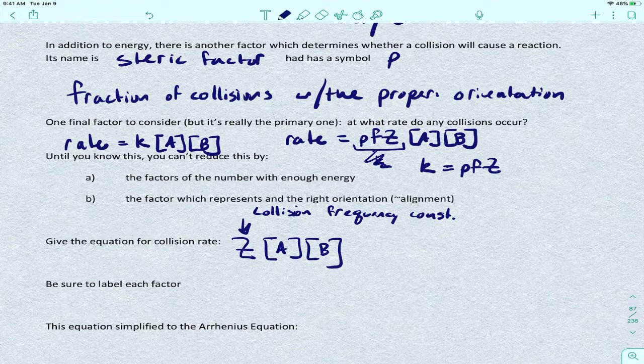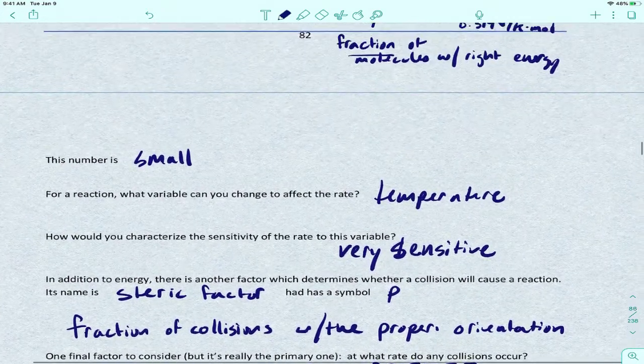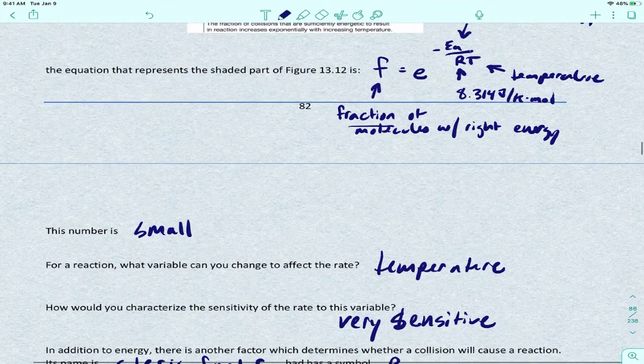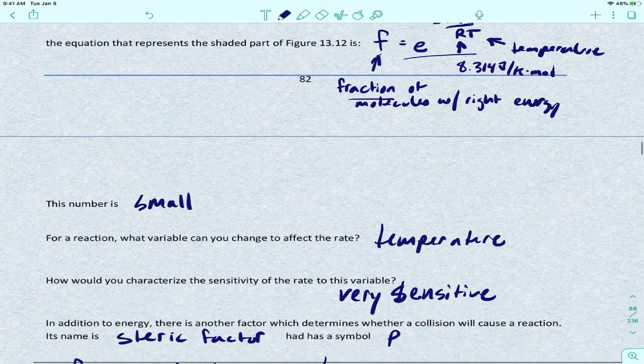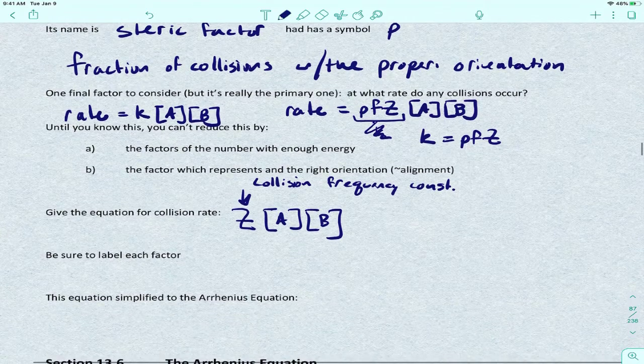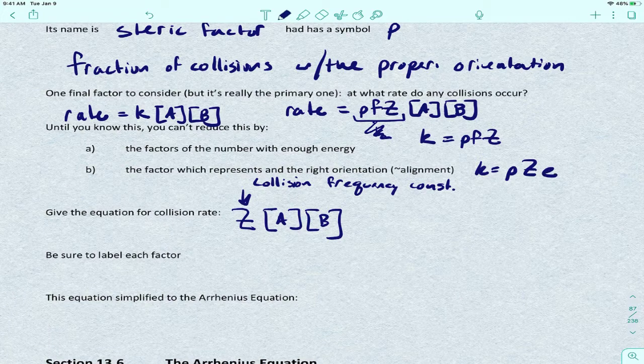But if I go back to the fraction equation and replace F with e raised to the negative E sub A over RT, we would get k equal to p times Z times e raised to the negative E sub A over RT.